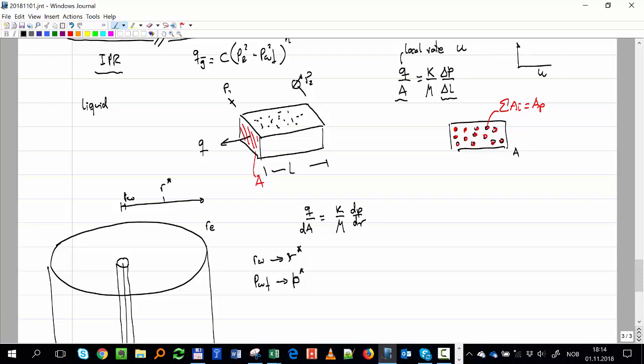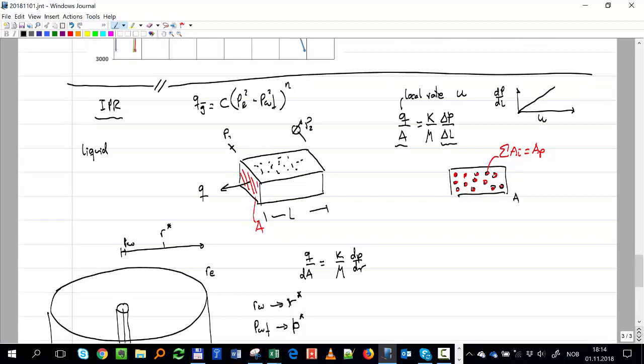If you plot velocity against dP over dL, you're going to get just a straight line. It's proportional. This is this here, and this is that velocity, so the ratio between them is just K, a property of the formation, the permeability.